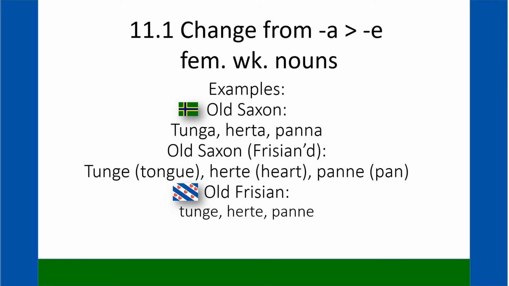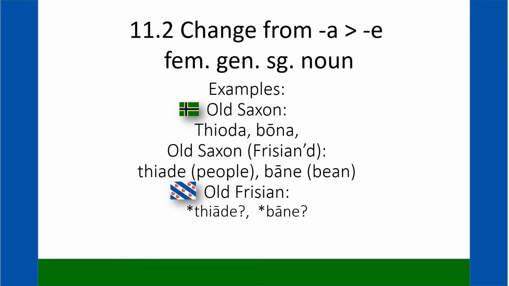And then in Old Frisian proper, tunge, herte, and panne. This change also extended towards the genitive singular of feminine nouns. So for example, we have theoda, bona in Old Saxon. In the Frisianized Old Saxon, we have thiade, bane, and then we have reconstructed thiade and bane.